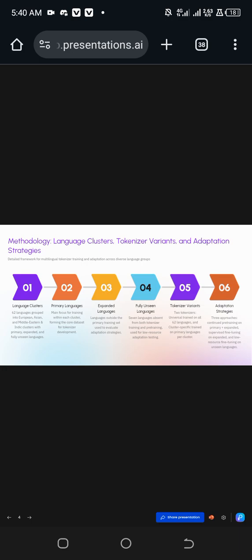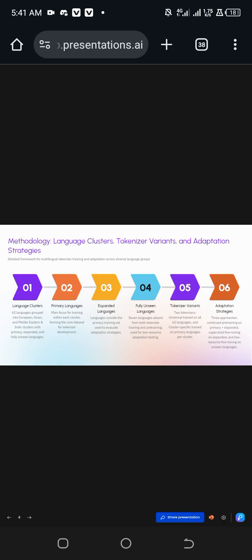So they have two types that they actually use: the cluster tokenizer and the universal tokenizer. The cluster tokenizer was meant just for specific languages, while the universal tokenizer encapsulates all of them, which are 69 languages, like 175 variants, 100 actual ones.